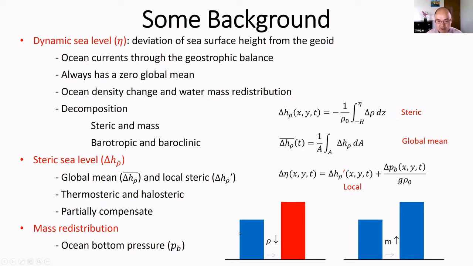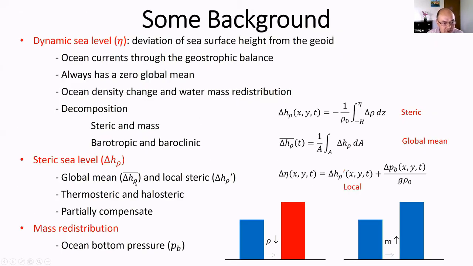If you consider an ocean column here, both a density decrease and a mass increase can cause sea level rise. This is a steric term, and this is a mass term.